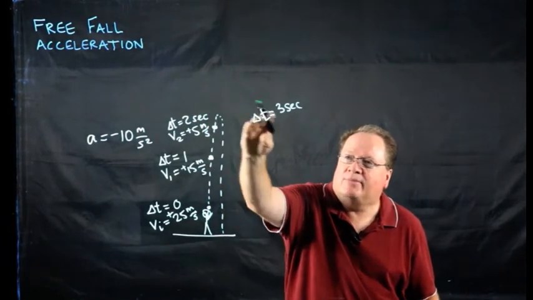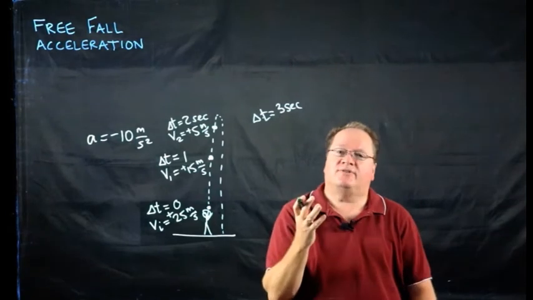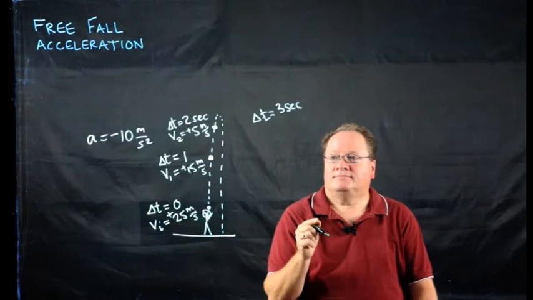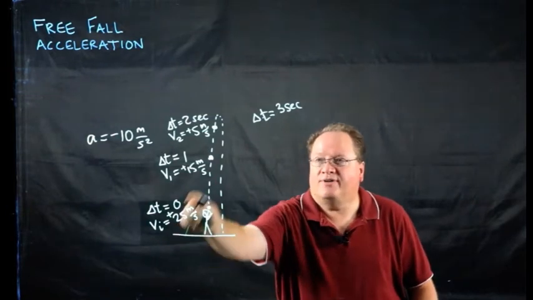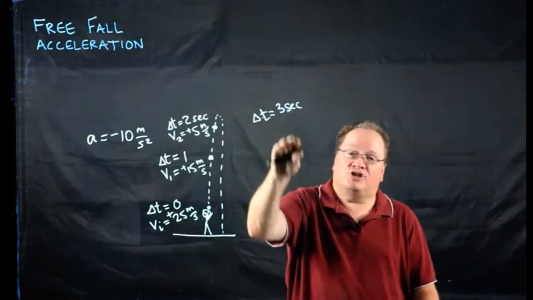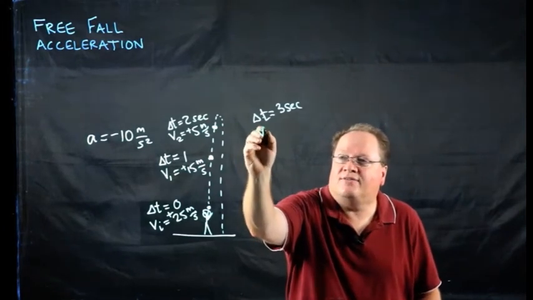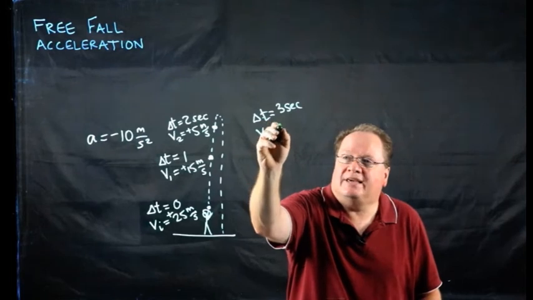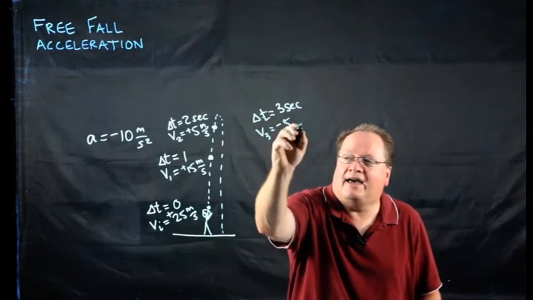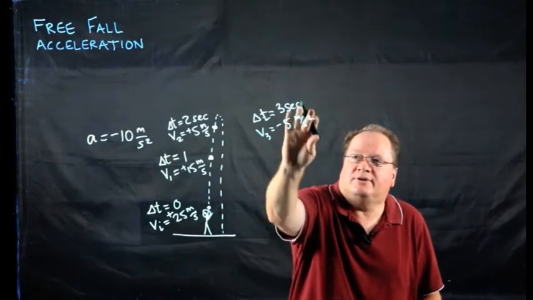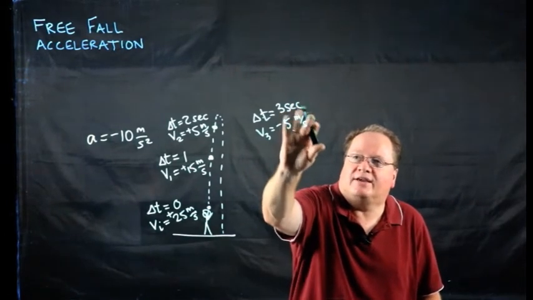By the third second, the change that we've undergone is going to be negative 30. So if we started at positive 25, what's our speed if our change is negative 30? Well, our new velocity here, our v3, should be negative 5 meters per second.